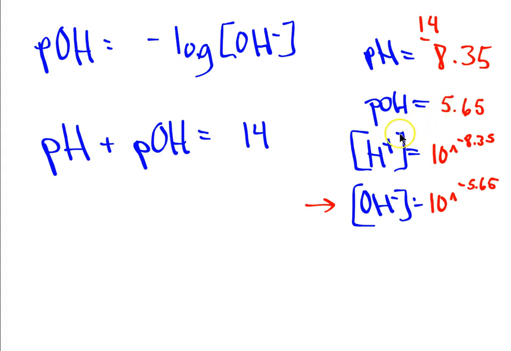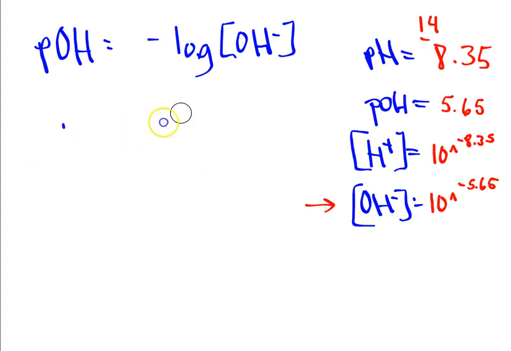All right. Then, to solve for H plus, we need to take the inverse log of the negative pH. So that's 10 raised to negative 8.35, which I just wrote, but I would calculate it. What did that answer end up to be?